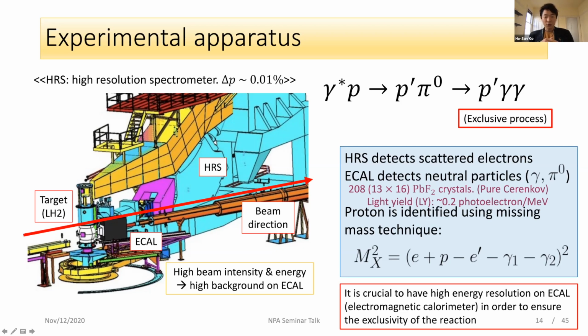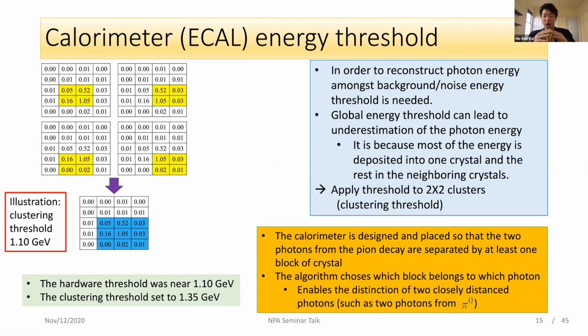So in order to reconstruct photon energy from amongst this background and noise, some sort of energy threshold is needed. If we give the same threshold on all the crystals, there can be underestimation of the photon energy, because most of the energy is deposited into one crystal and the rest in the neighboring crystals.